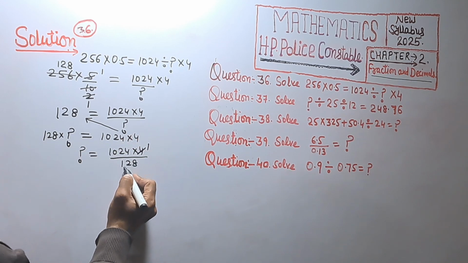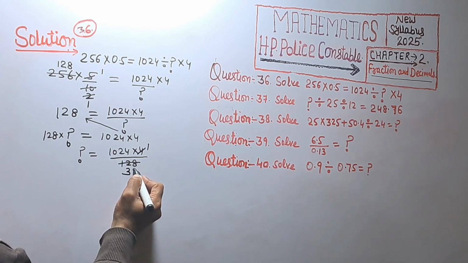4 ones are 4, 4 threes are 12, 4 twos are 8.